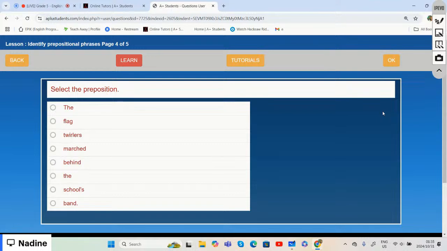All right, so we need to select the preposition within that sentence. The flag twirlers march behind the school's band.